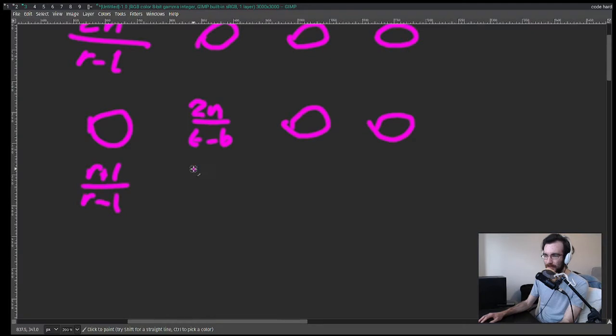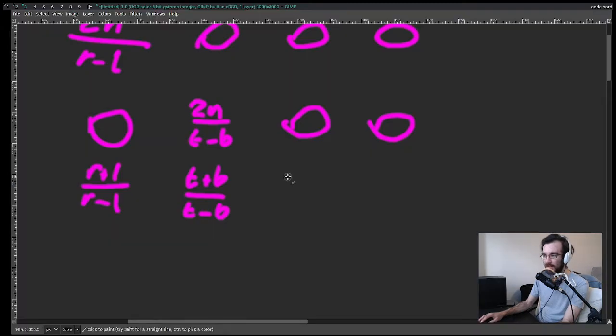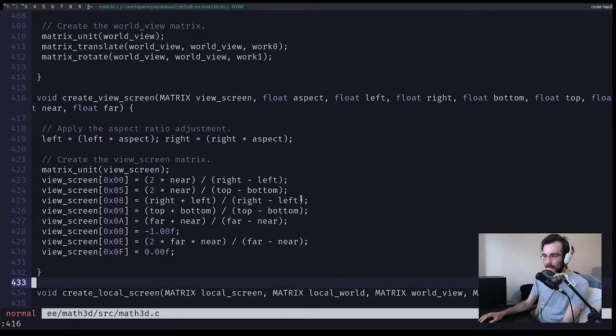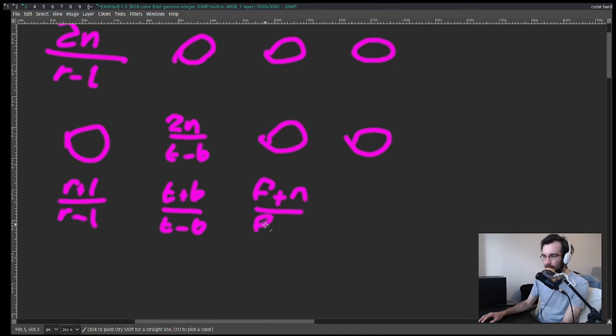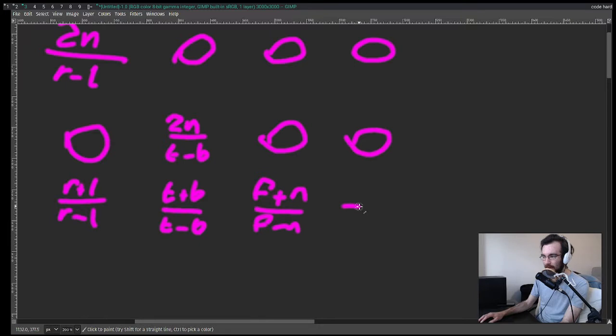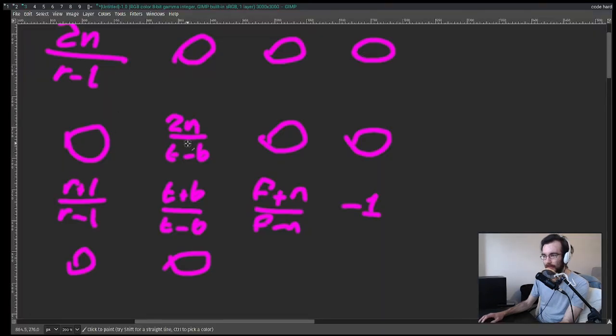Top plus bottom over, yep, so t plus b over t minus b, far plus near, yeah, f plus n over f minus n, 11, negative 1, and then 12, 13, 14, 15.